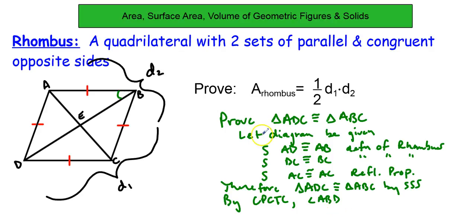Sorry, scratch that. We're going to go with this guy and this guy. So DAC is congruent to BAC.